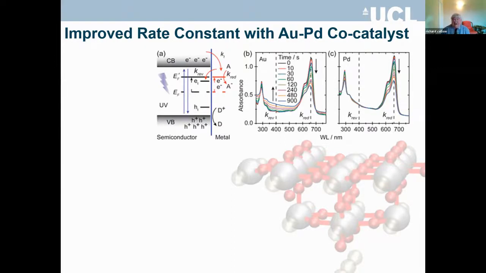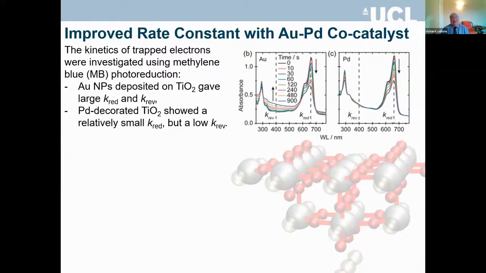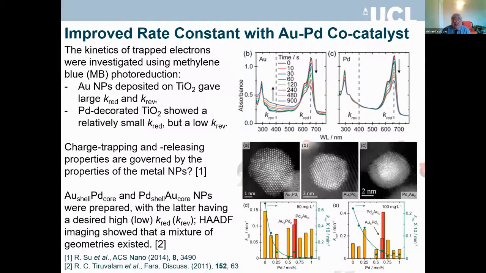Now, this nice experimental work was able to get a grip on both K-red and K-rev. They obtained the kinetics of trapped electrons effecting reduction by investigating methylene blue photoreduction. So that gave them a handle on K-red, and K-rev was monitored essentially by the background absorption of the TiO2.